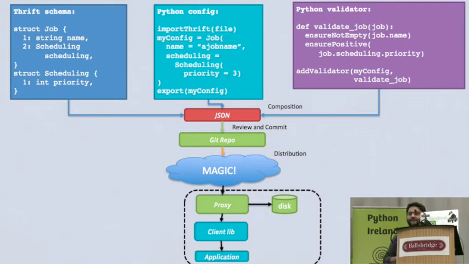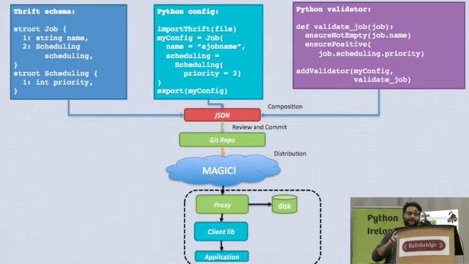One file is a Thrift file, different from the one I described before because it doesn't describe a service, it describes some configuration, so you only deal with data structures and data types. In this case, we create a data type called job, we give it a name, and the scheduling is another object, which has a priority integer number.